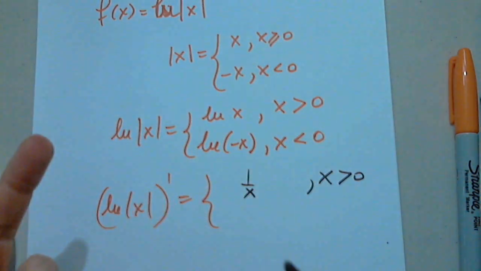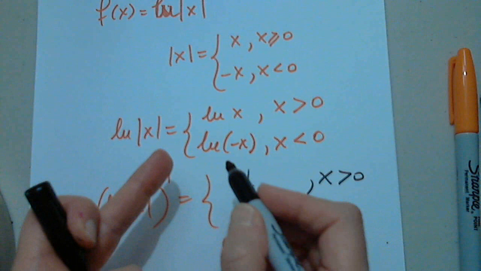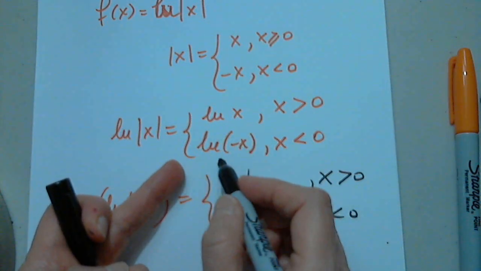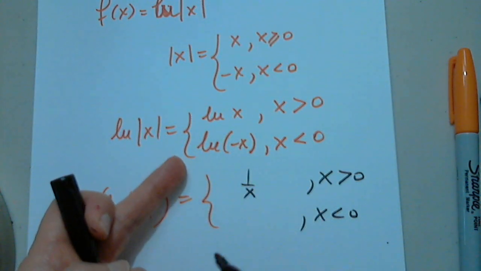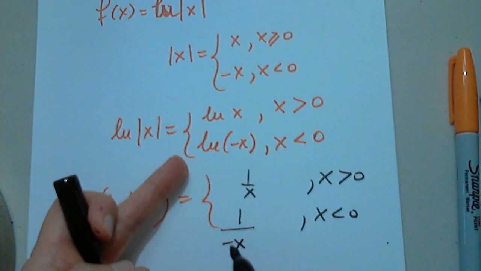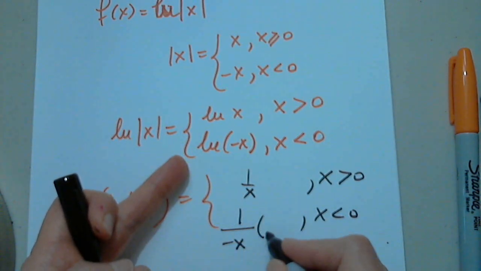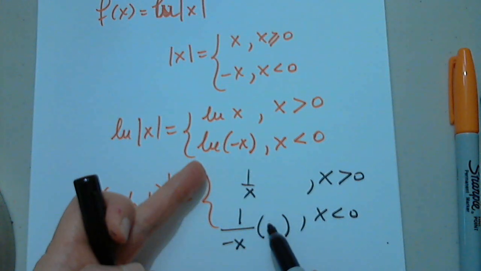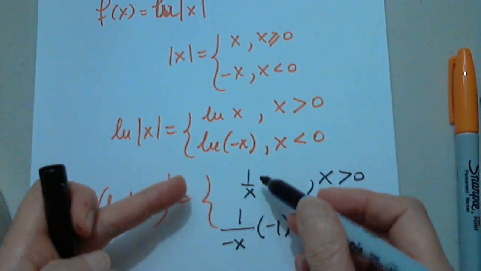Perfect. But now I have to differentiate this piece. Can anyone help with this? You will still have to times negative 1. 1 over negative x multiplied by the inner function prime, which is negative 1. Yes, they turn out to be the same.